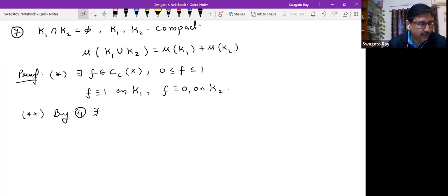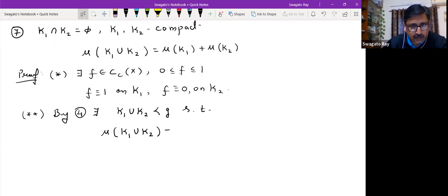there exists a function g such that g is identically equal to 1 on K1 union K2, such that the measure of K1 union K2 is going to be the infimum, right? So if I increase the infimum a little bit, it is no longer a lower bound.